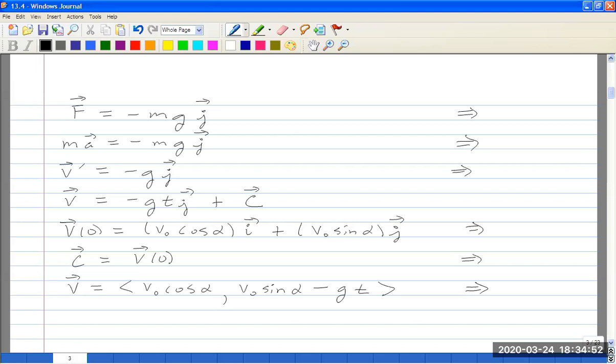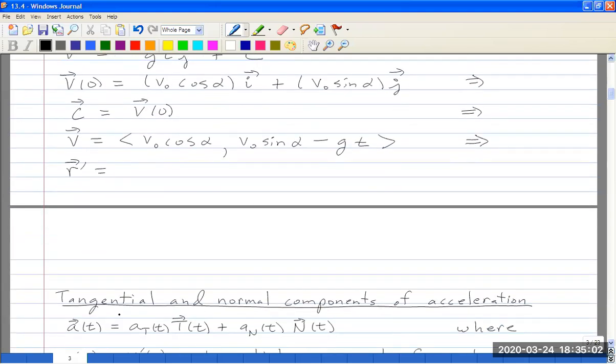And so I can integrate this. r prime is just equal to v. So if you integrate, this is going to equal v0 cosine alpha t. This will equal v0 sine alpha t.